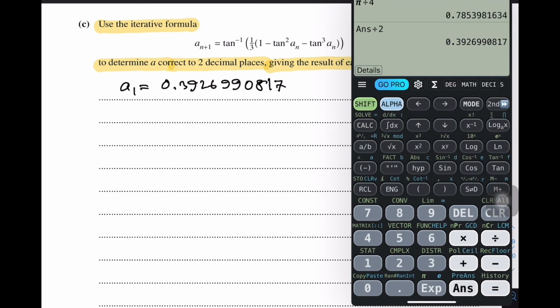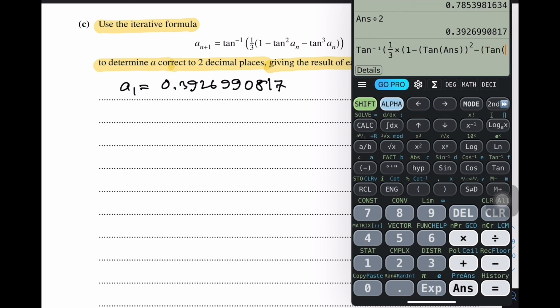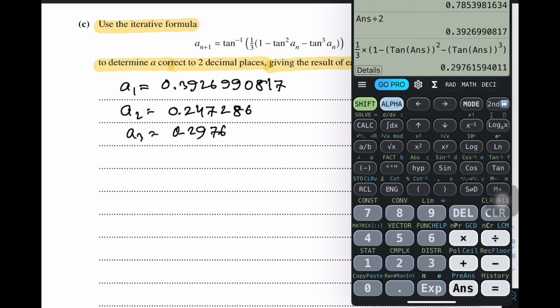Let me write the full expression. tan inverse of bracket 1 over 3, answer, answer. a2 equals to 0.247286. a3 equals to 0.297615. a4 equals to 0.284427.